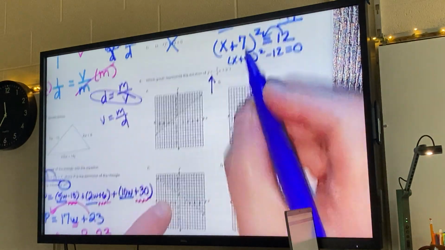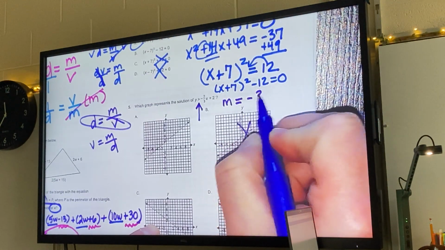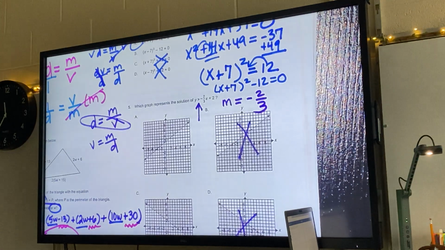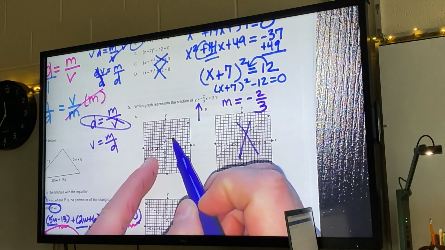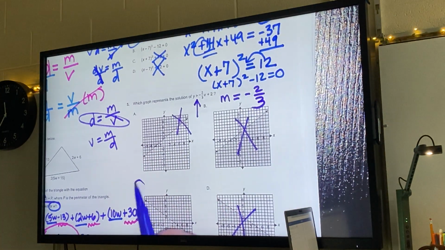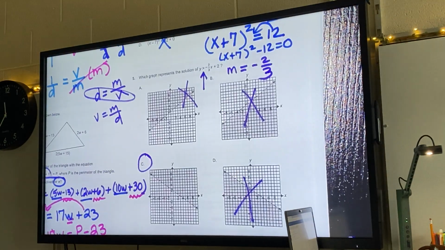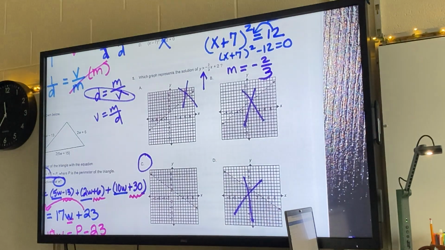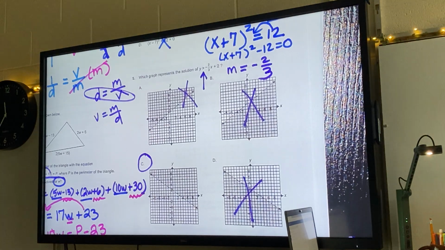The slope is negative 2/3. So when I look at my line, it's going to be going downhill. So this one's going uphill. I'm fairly certain the answer is C. And just off the process of elimination, which rocks. So what we'll do is we'll go to Desmos, we'll put it in just to verify that our answer is right. Okay? Sorry.